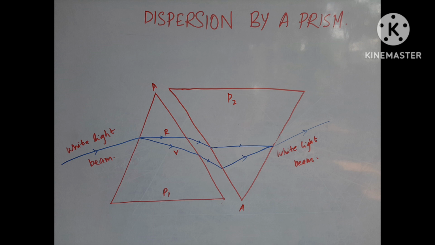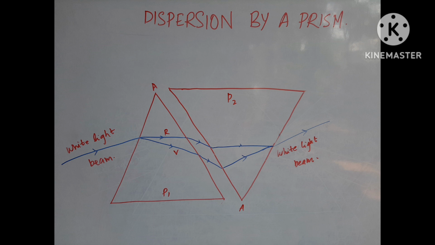this phenomenon just reciprocates the entire thing, which means it is a reversibility of what happened in the previous case. The first prism disperses all the colors into VIBGYOR, and the second prism makes all the VIBGYOR colors into a single white light beam.